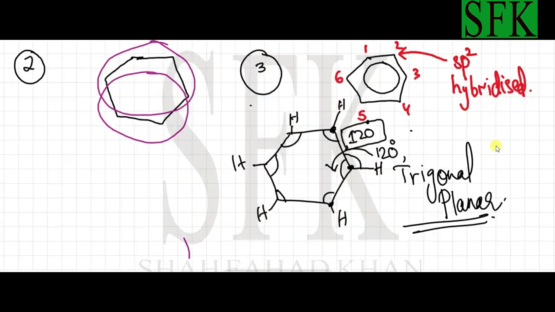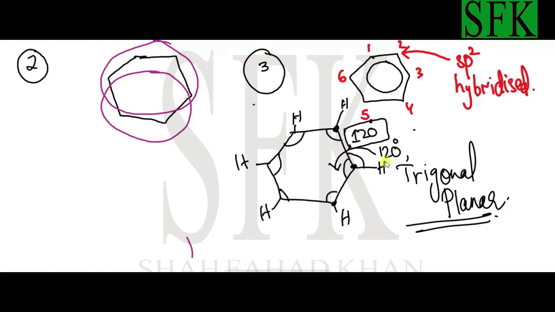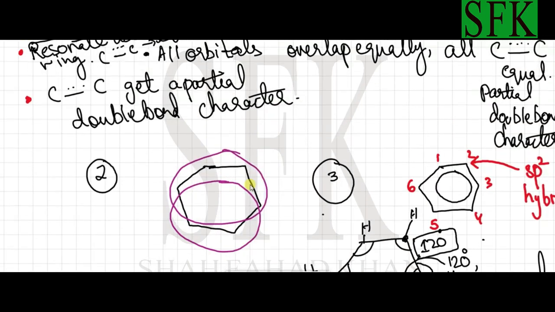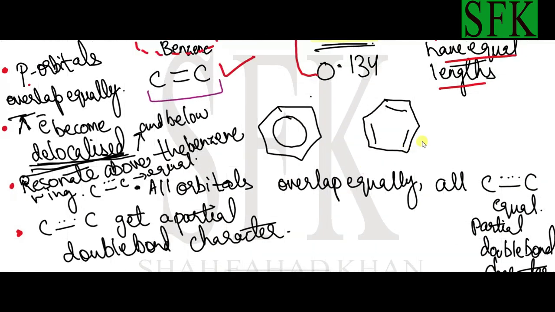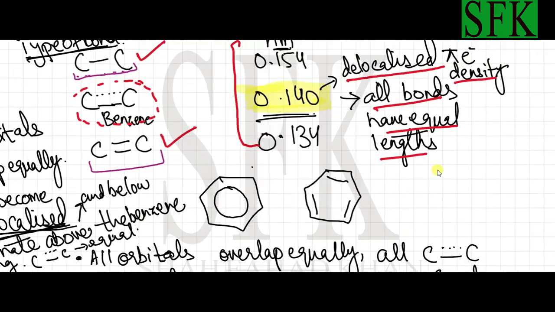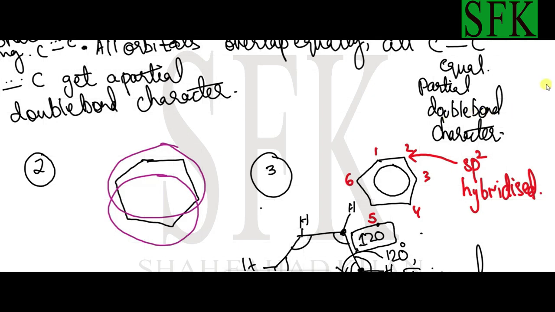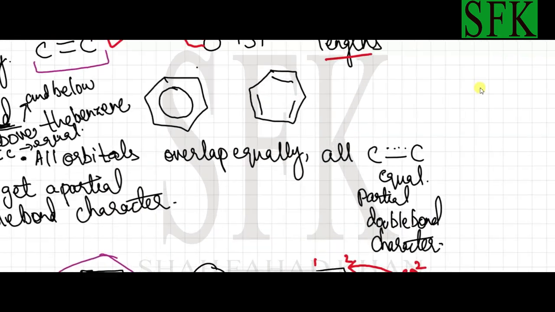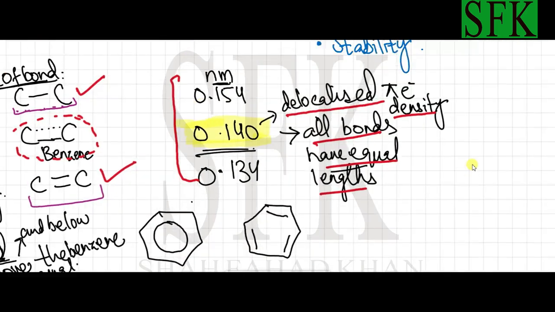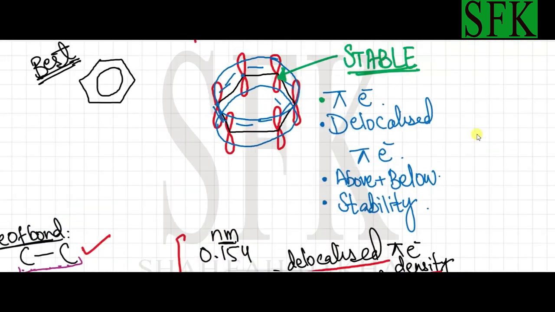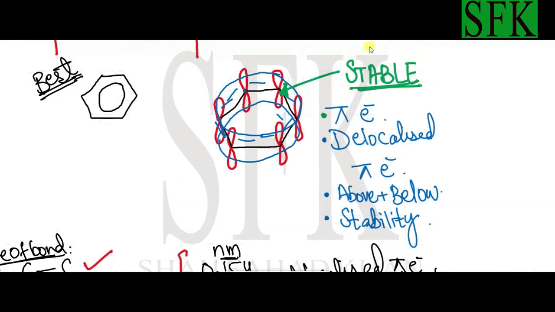And the stability of benzene is also very important. So better remember that the reason for stability is the pi electrons themselves, the delocalized pi electron density above and below the benzene ring.